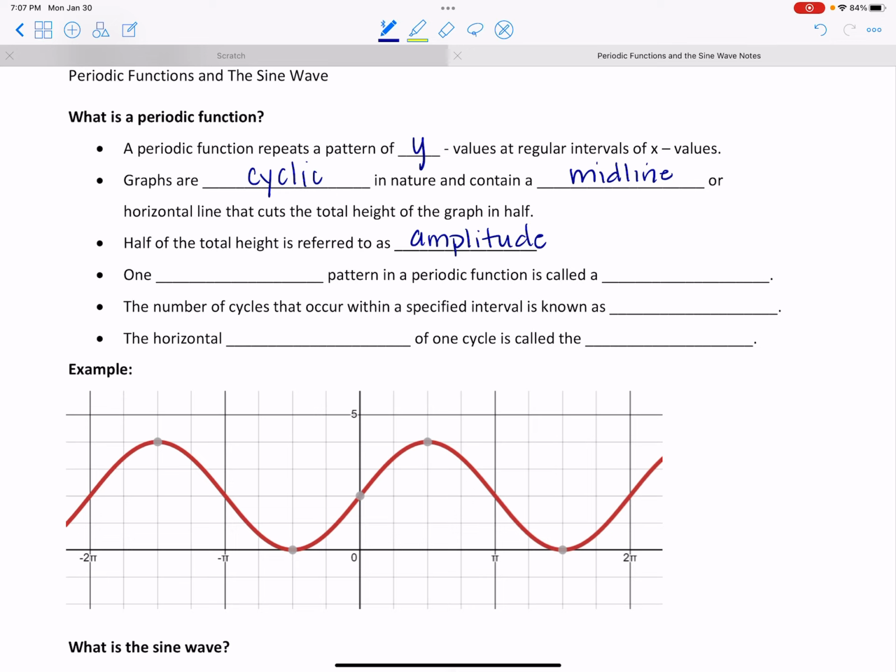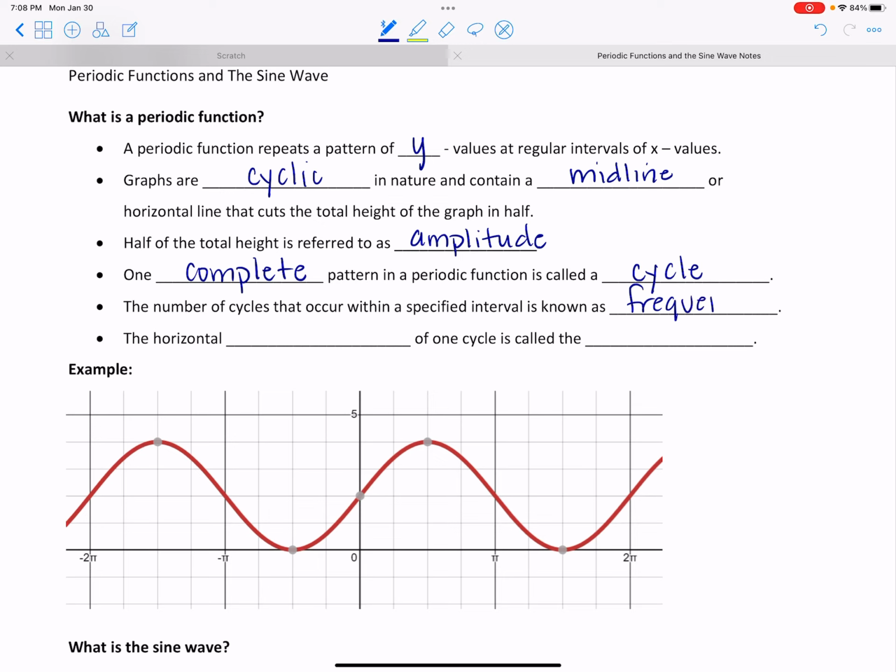And if we're talking about this cyclic repeating pattern of y values, one complete pattern is, as I just said, a cycle. So one complete pattern in those repeating y values in that periodic function we're going to refer to as a cycle of the periodic function. And the number of cycles that are occurring within a specified interval we're going to call the frequency.